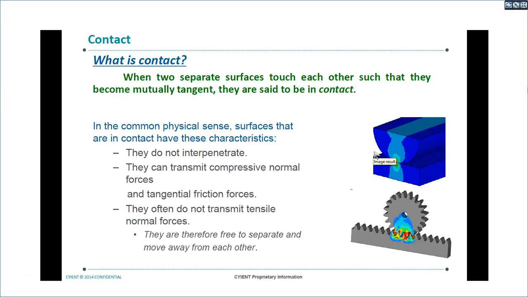We cannot see any tensile stresses. Only compressive stresses will be there. Whenever the compressive stresses become zero, it is immediately free to move away. Okay, the contact will be open. When there is zero compressive stress, the contact becomes free to separate, or it is open.